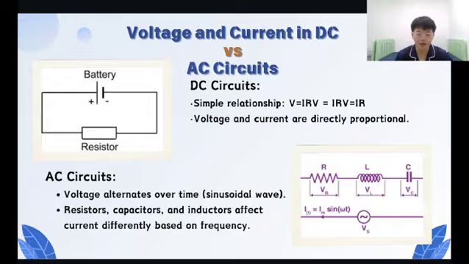Instead of a constant voltage, AC involves a voltage that alternates over time, and the components in the circuit, such as resistors, capacitors, and inductors, all react to this changing voltage differently. This creates a more complex relationship between voltage and current.